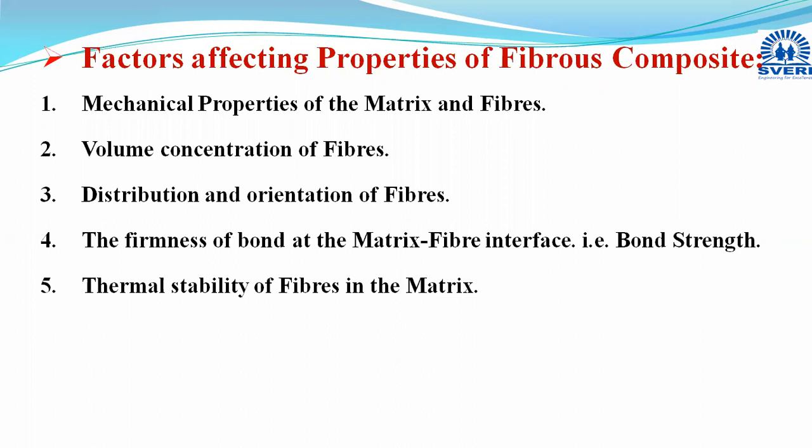Then that material may not be able to provide you the desired properties or characteristics. So while making these composite materials, all these parameters you have to take into consideration.